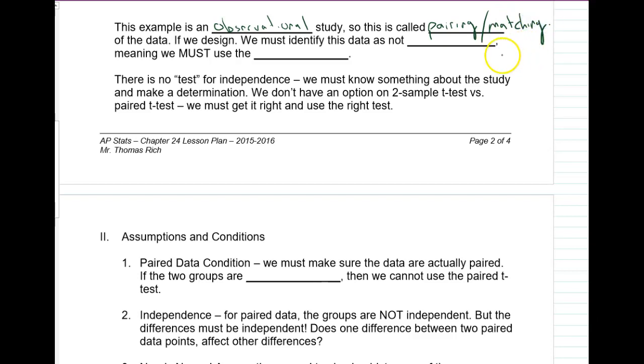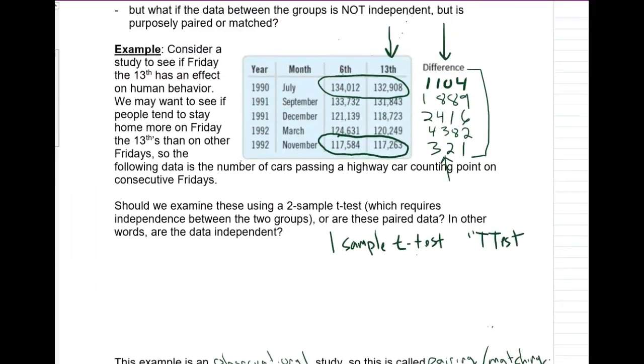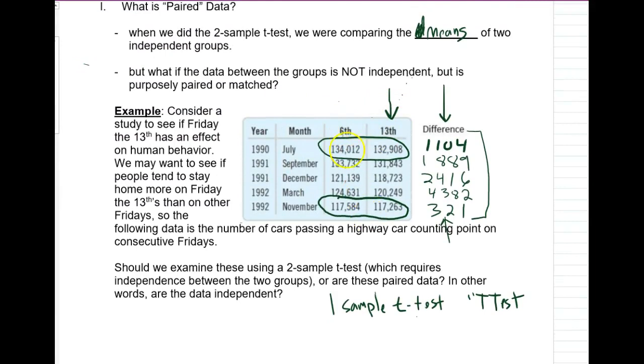So each one of the rows goes together. In other words, I think it's pretty clear to see that if I had actually jumbled the Friday the 6th data, then my results would be no good, because I need to compare this count of cars with that count of cars, because they happen in the same period that we're looking at.